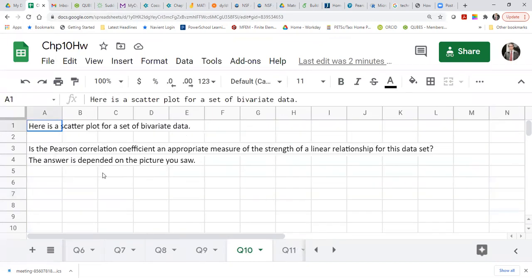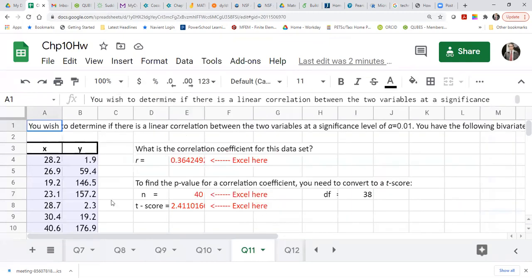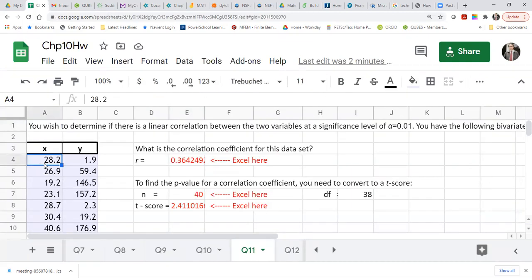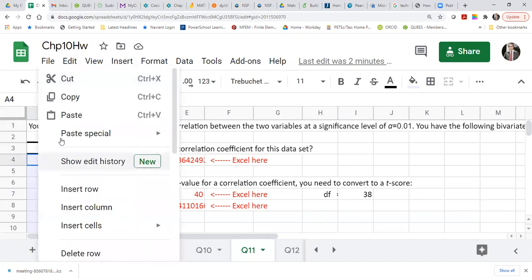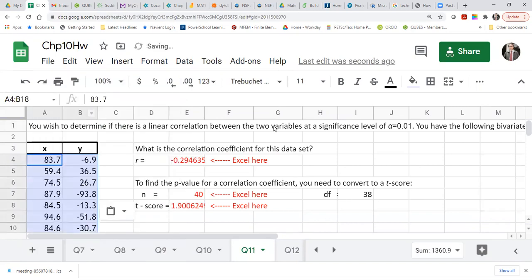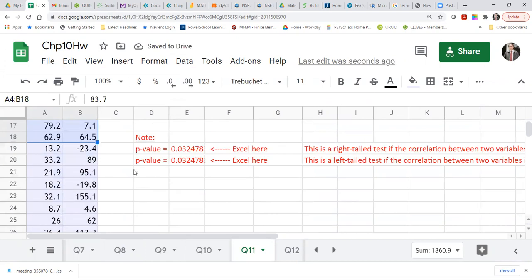Number 10 is talking about the picture, right? Yeah, the same thing, you need to put it here and then right click and paste it, right? And make sure the data is correct.